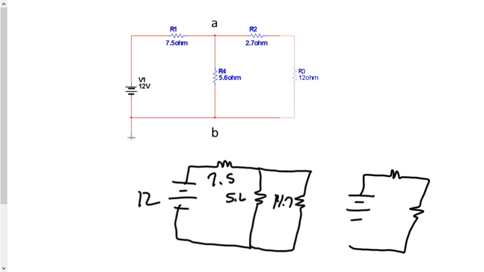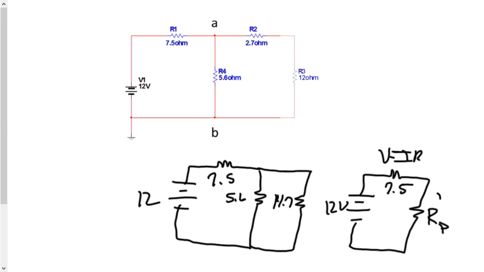Two resistors in series. So we have 12 volts here. You'll have a 7.5 here. And I'll just call this a resistance parallel here. Okay, then you can get the total current by adding these two together as a series. And then what you can do is get the volts on this using V equals IR.